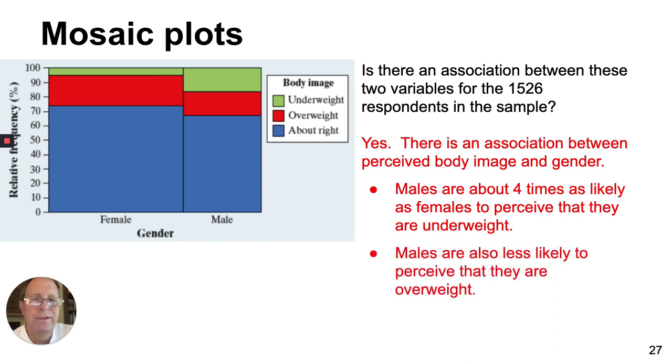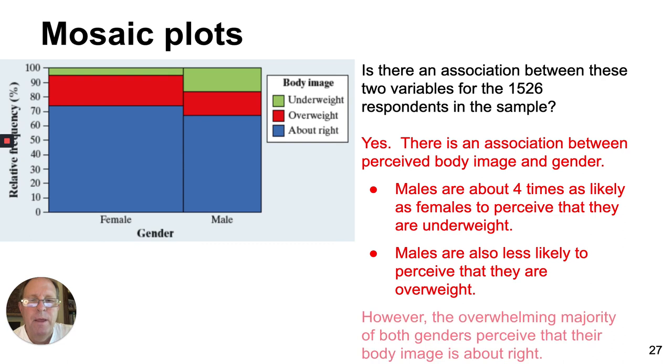Males are also less likely to perceive that they are overweight. The blue box is a little bit shorter for males than females. However, the overwhelming majority of both genders perceive that their body image is about right. So, yes, there is an association for those 2 reasons, but overwhelmingly the majority of both genders perceive that their body image is about right.